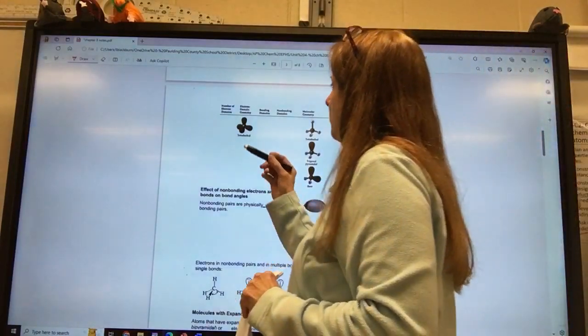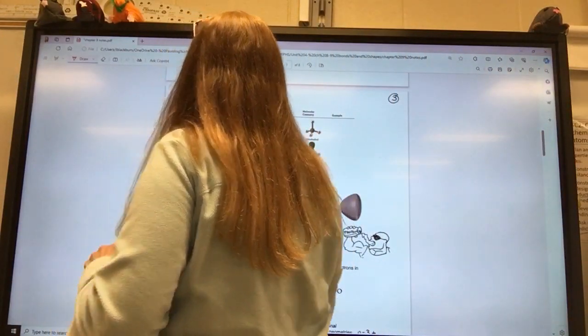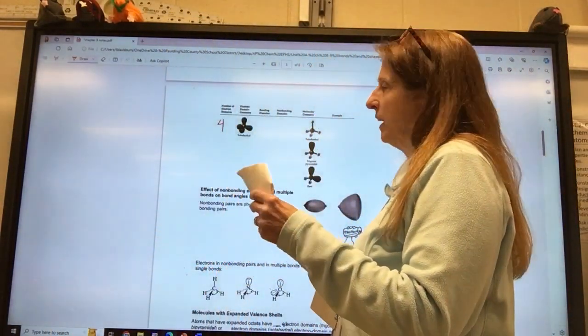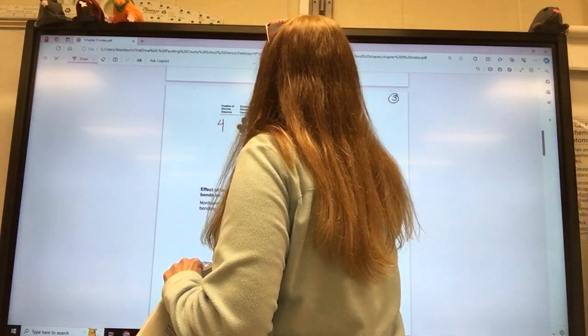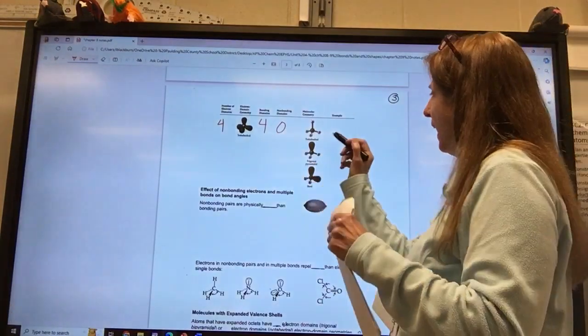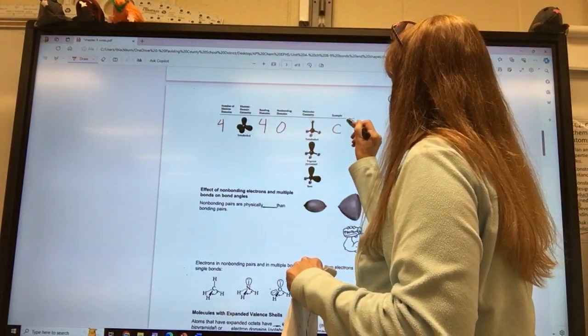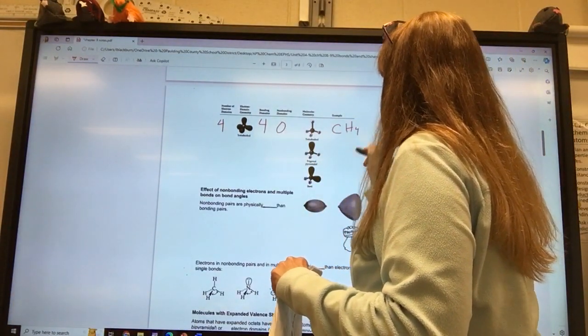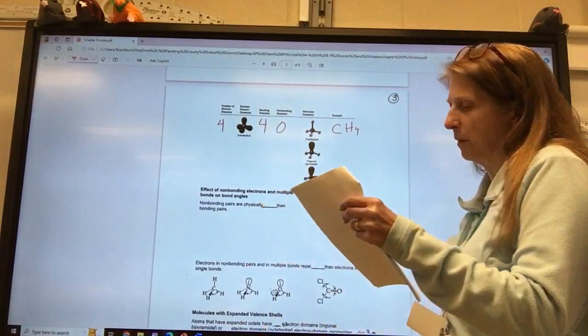Okay, what about if it has 4 electron domains? Then the shape is tetrahedron. You could have 4 bonding domains and no unshared pairs. An example would be that nice little tetrahedron, our methane, a classic tetrahedron shaped molecule.